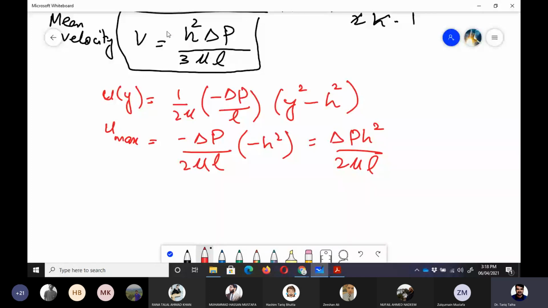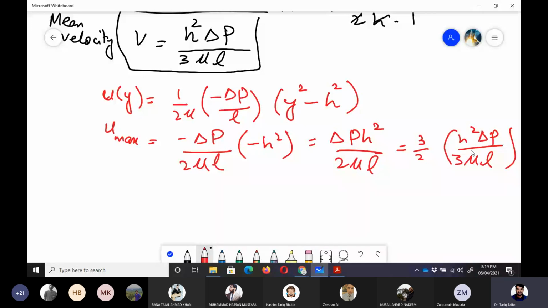So if we want to incorporate the mean velocity in this relation, we need to divide by 3 and multiply by 3. If we do that, we can say that it would be 3 by 2 into h square delta p divided by 3 mu l. We haven't done anything wrong; we have multiplied it by 3 and divided it by 3.